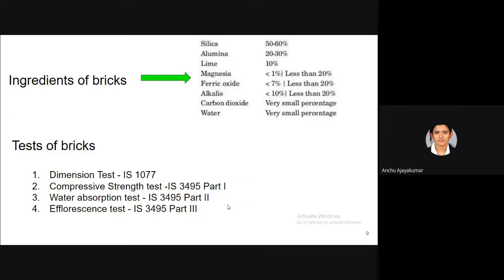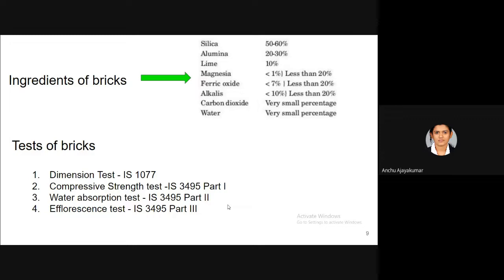The next important question that you can expect is the tests on brick. They are not asking you the procedure and all in GATE. They're asking something different, maybe the range value or the code from which you are getting this test. For the tests on brick, we have only two codes: IS 1077 and IS 3495. IS 3495 has 3 parts and each part represents a methodology for testing the brick.